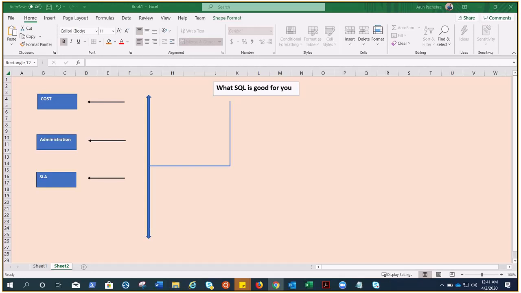PaaS options guarantee 99.99% SLA, while IaaS can also achieve that, but you need to go through certain other infrastructure or architecture things. You need to place the VM inside the availability set to get 99.95. But if you're going for the zone, you need to put the machines in a different zone and take care of the database synchronization and all those things. But you can get up to 99.9 there as well.